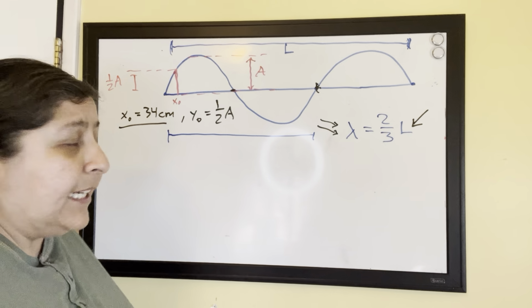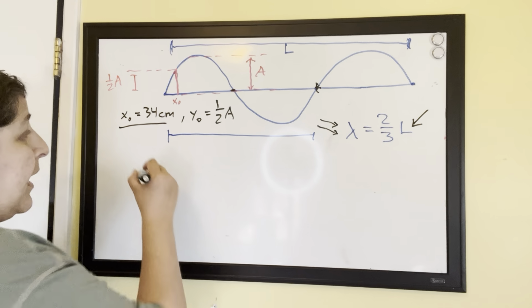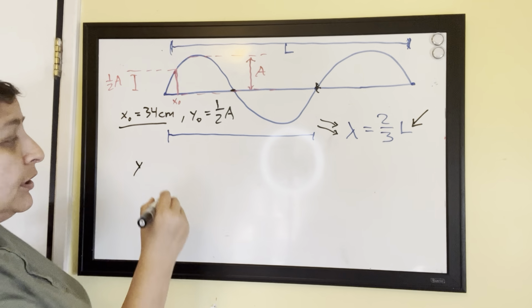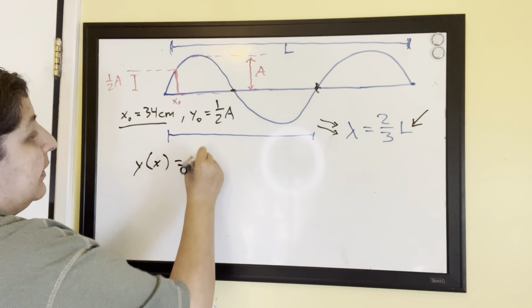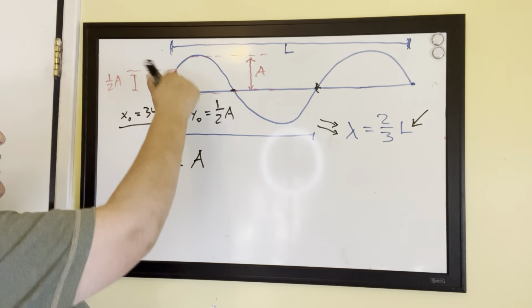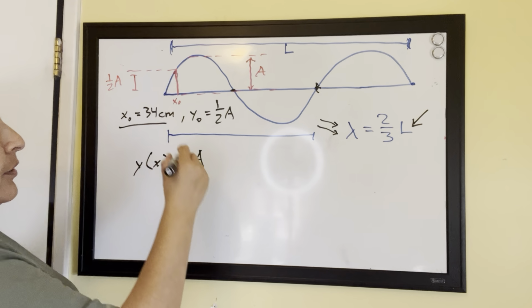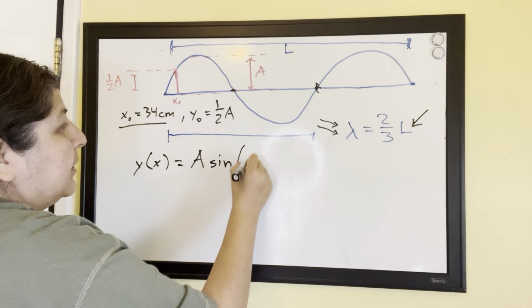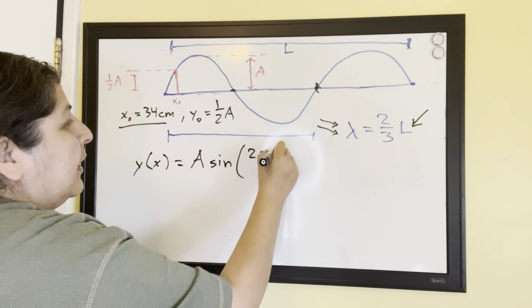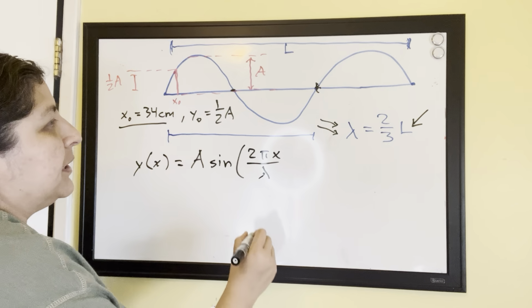For a standing wave, we have the general equation, y of x is equal to the amplitude. y is in this direction, the vertical. It's given by the amplitude times sine of 2 pi x over lambda.